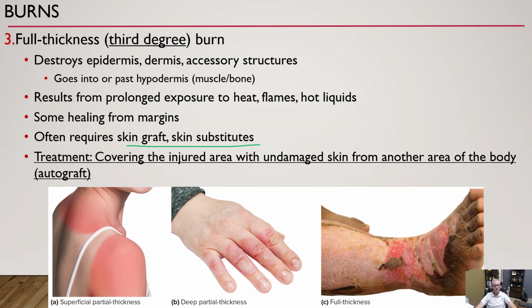You have to cover the injured area with undamaged skin from another area of the body. Now, if you're using your own body, we call that an autograft. So let's say you get burned on your arm and you take some skin from your butt and put it on your arm. That's an autograft. You also see this in cardiac bypass surgery.